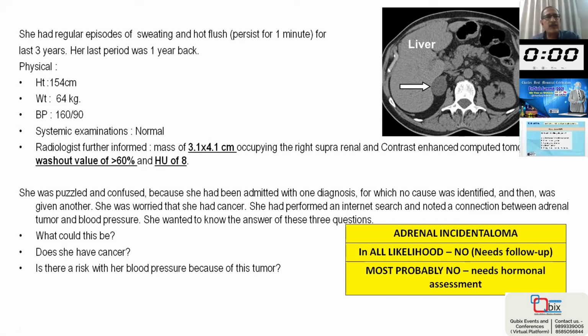So we should have a 24 hour urine or plasma free metanephrines. Chances that they will be abnormal is 1 in 20, about 4.8 to 5% of the times. Majority of the times they are negative, in which case it will turn out to be a benign adrenal incidentaloma. And because the size is 4 centimeters, I would probably follow this patient up with follow-up CT scans for a duration of anywhere between 2 to 4 years.